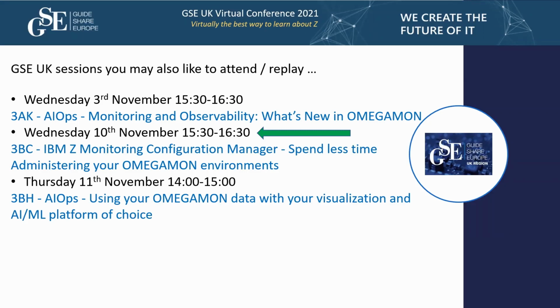So how do you achieve that with the OMEGAMON portfolio and the development? We announced something yesterday, so you'll learn more about it tomorrow. I do encourage you all to join our team tomorrow and learn more about how you can visualize OMEGAMON data in other tools.